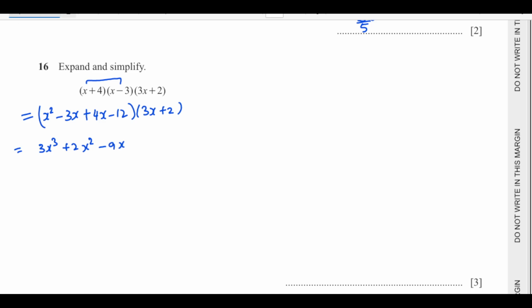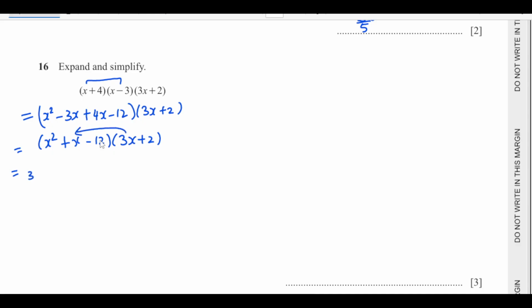Okay, wait, let me just add one step, it will simplify our work actually. So let's combine here the like terms first. So this is plus x, right? 4x minus 3x minus 12. Now it will be easier, right? So x squared, 3x is going to multiply throughout here.